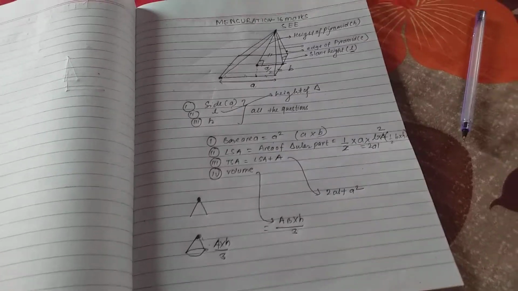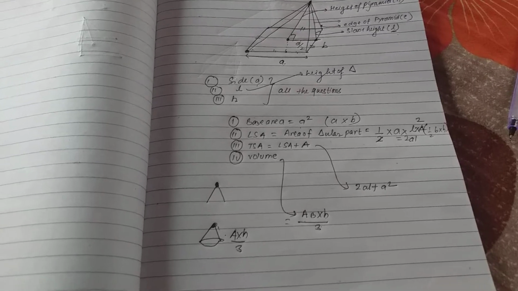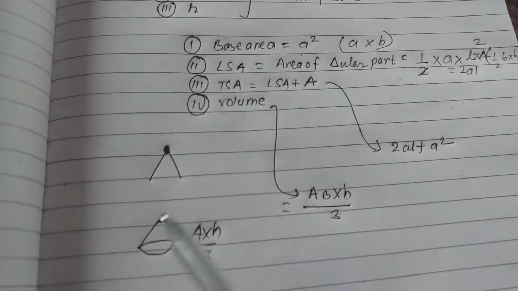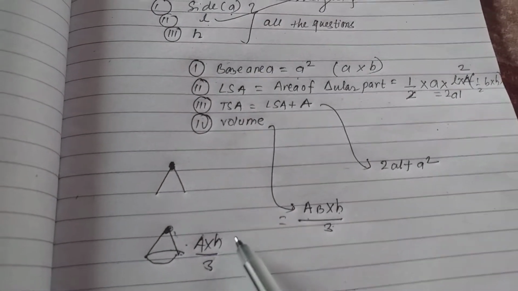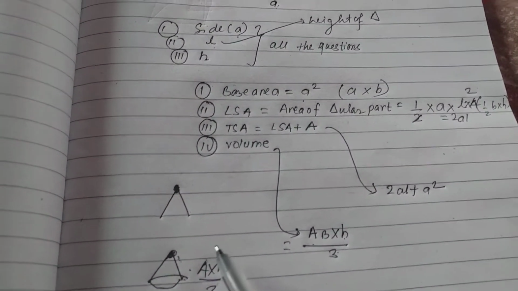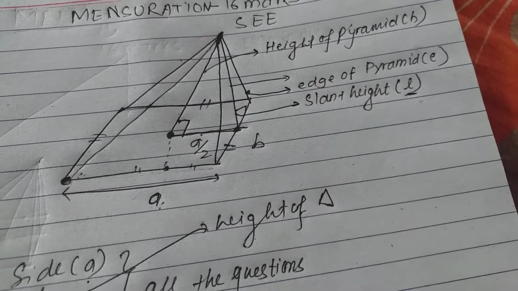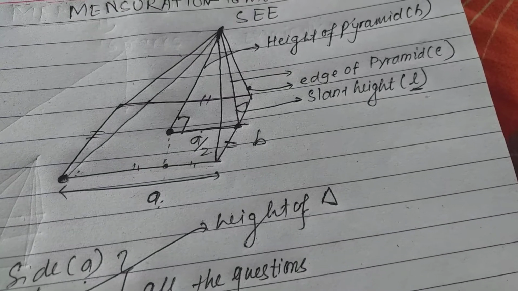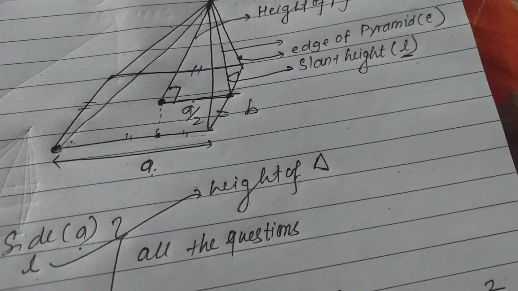In the case of a cone, it is 1/3 part of a cylinder, and in this case also it is area of base into height by 3, because it is 1/3 of a cuboid.